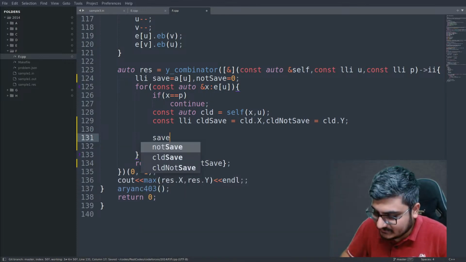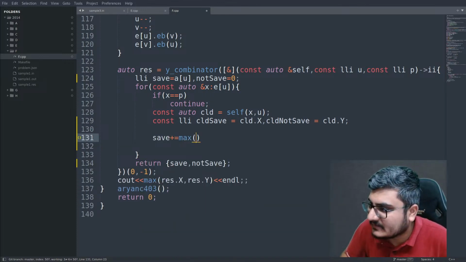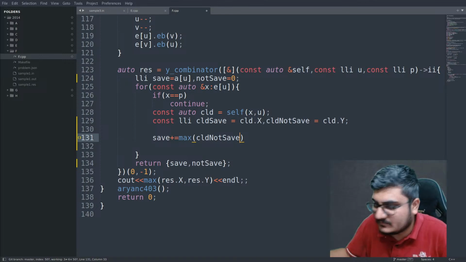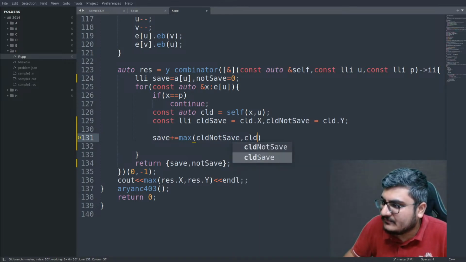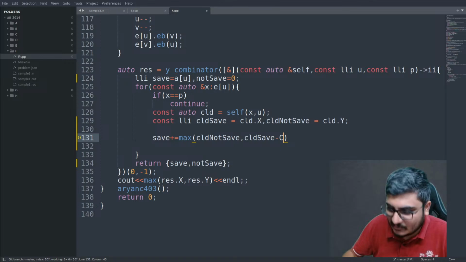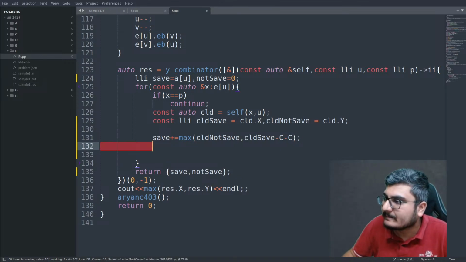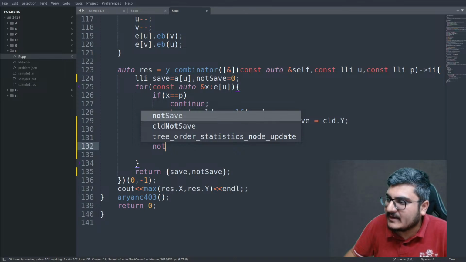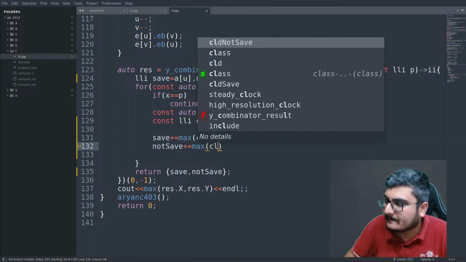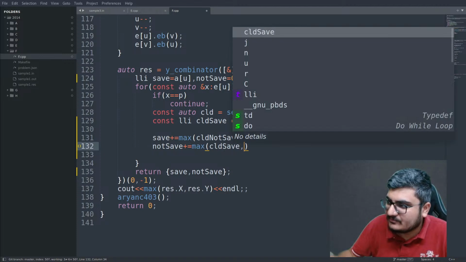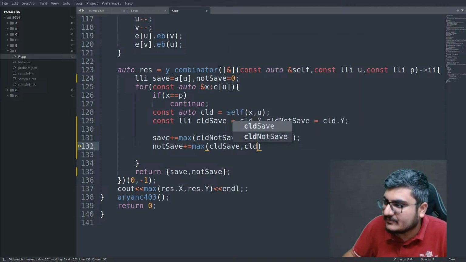Now, if we are saving the node U, then if we do not save the child, we will not even take the value of U as well. And if we save the child, 1C for the node U, 1C for the node child here. And if we are not saving the node U, then we can just take whatever is the max gold if we save the child and if we do not save the child.